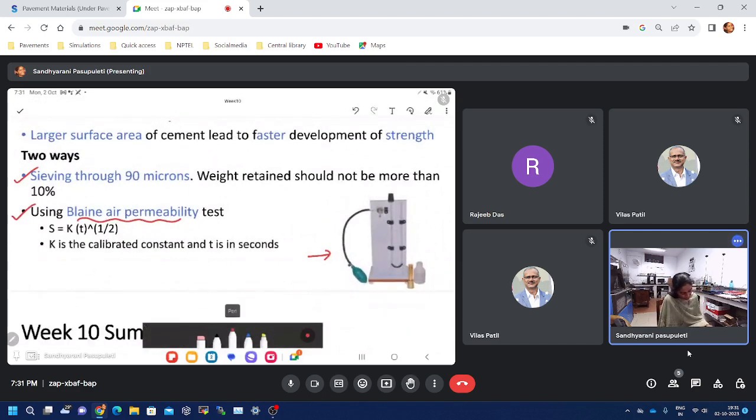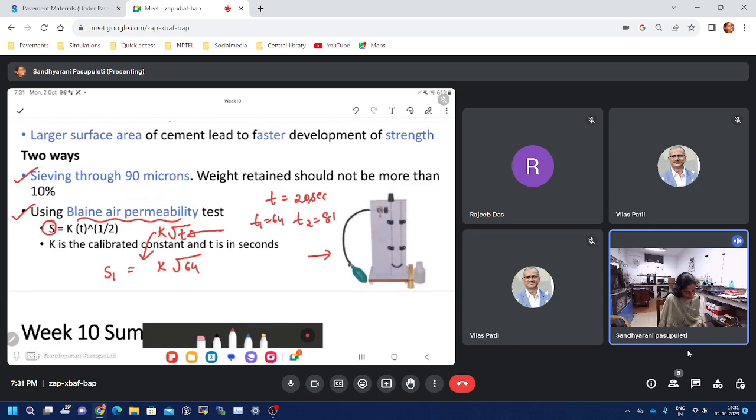Let us say the time I have calculated is 20 seconds. So the surface area equals K into root T. This T is nothing but the time required to move a particular distance. K is the calibration constant for the particular equipment. So let us say K into square root of T1, which is 64 for one kind of fine, T2 is 81 for another kind.